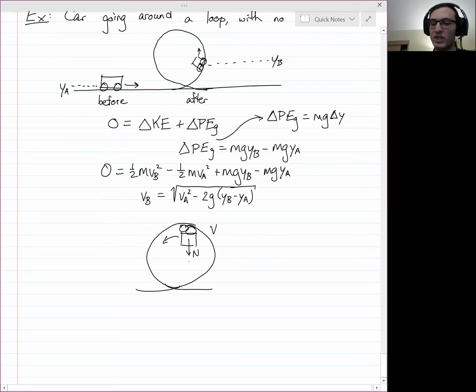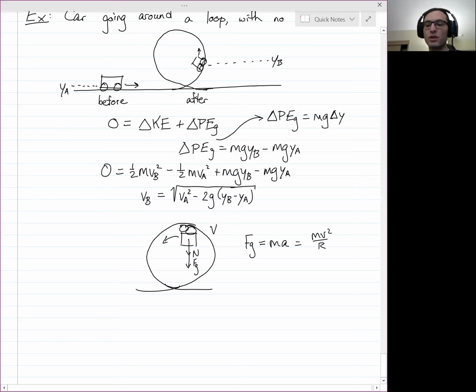There could be the normal force and the gravitational force. But if it just barely makes it to the top of the loop, that means that the normal force is 0. And so all that there is is the gravitational force. And so the gravitational force, which is ma, has to be equal to mv squared over r, with the appropriate signs and everything.